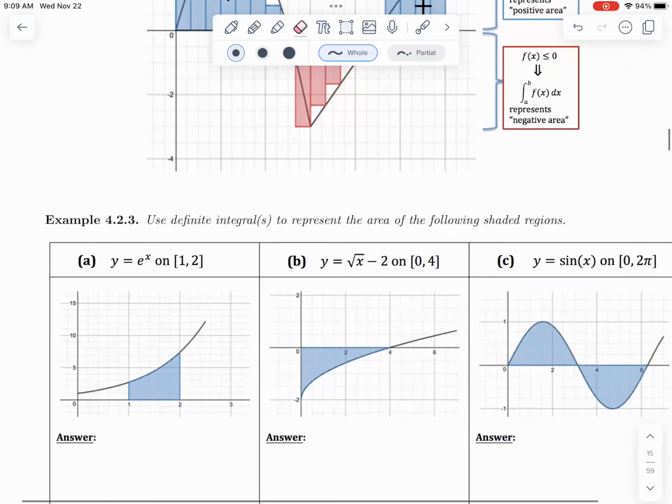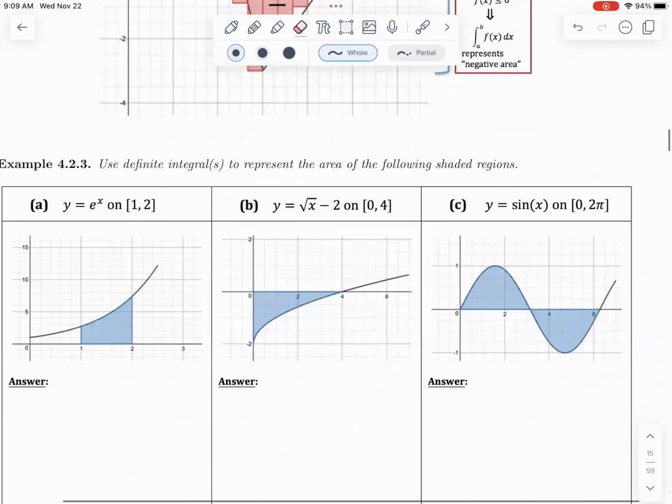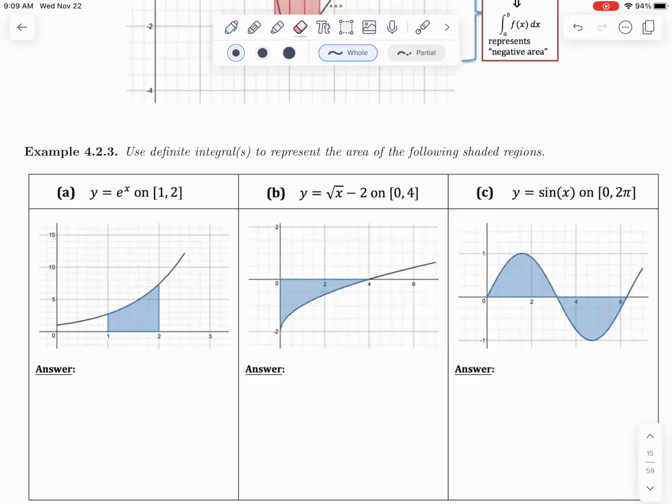So we're going to use definite integrals to represent the areas of the shaded regions that are given. This is the area under the curve y equals e to the x on the interval 1 to 2. That's that blue shaded region. That region is above the x-axis, so the definite integral and the actual area coincide.